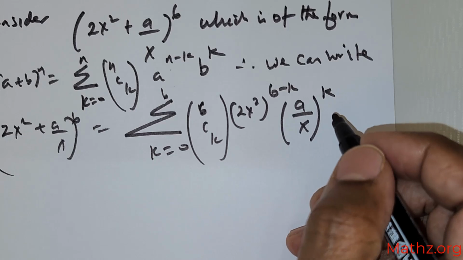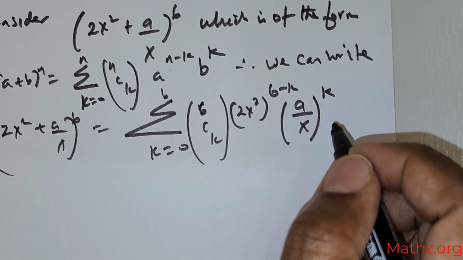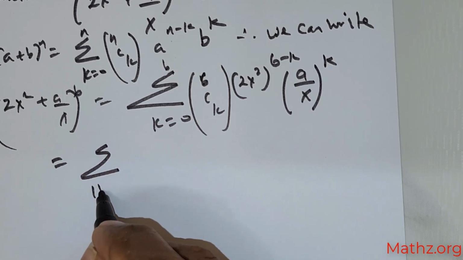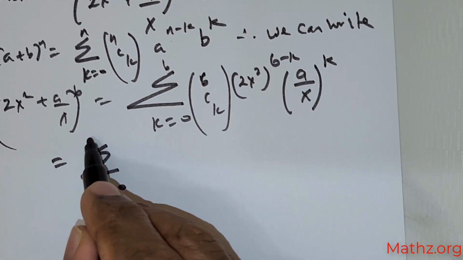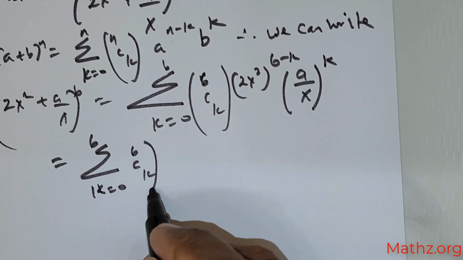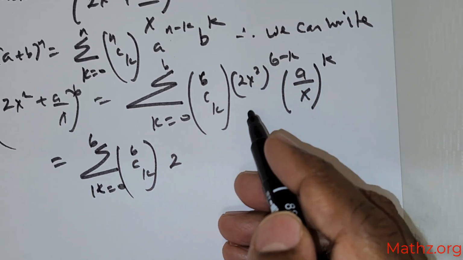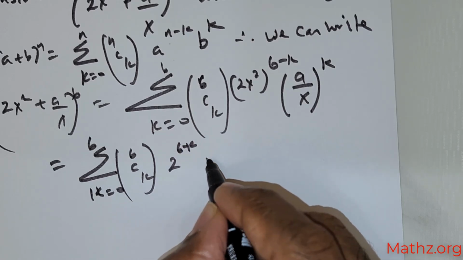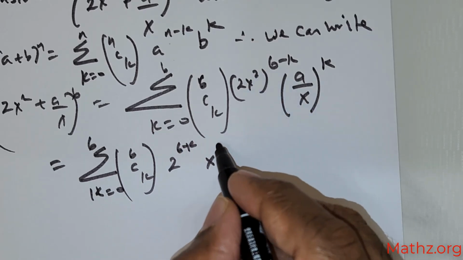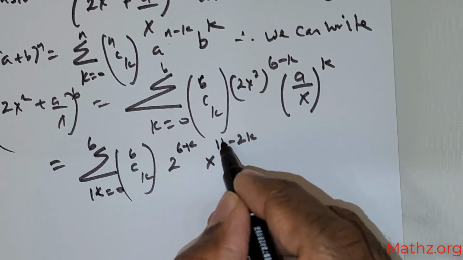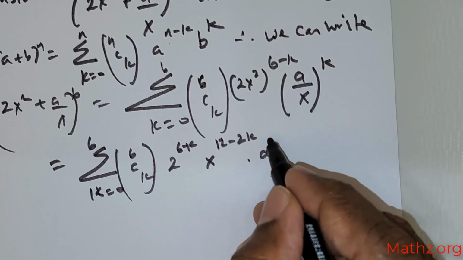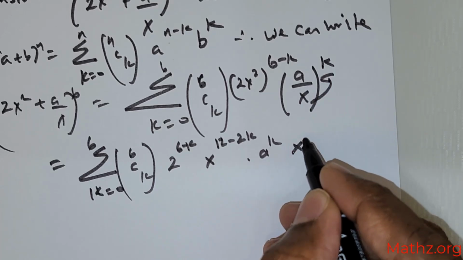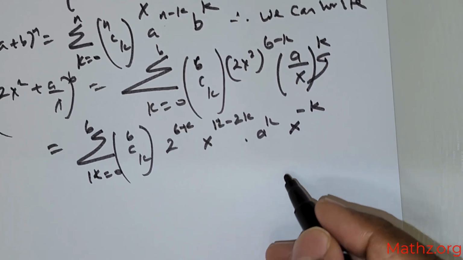So this can be further simplified and rewritten as the sum from k = 0 to 6 of 6Ck times 2^(6−k) times x^(2 times 6, which is 12, minus 2k), and you have a^k. The x^k can be pushed to the numerator, so you will have x^(−k).